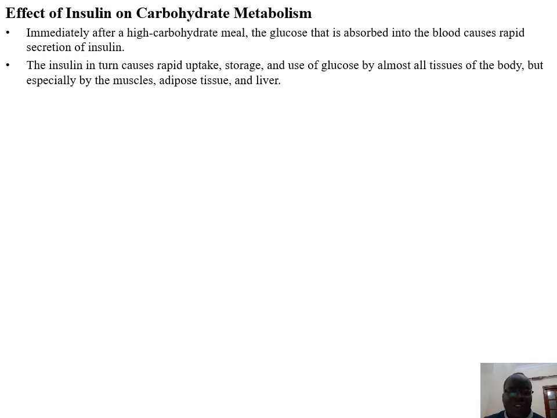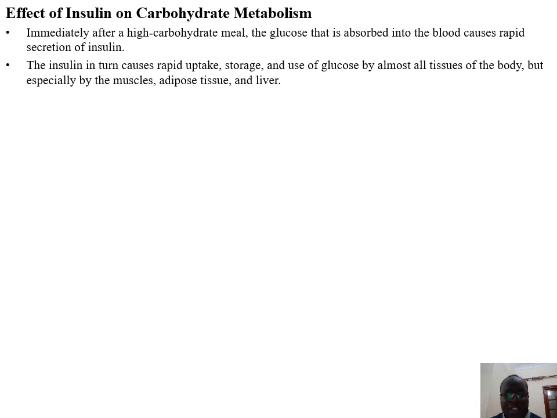The effect of insulin on carbohydrate metabolism. So now we are going to look at the effect of insulin on all macromolecules: carbohydrates, lipids, and proteins. The effect of insulin on carbohydrate metabolism. What is the effect? Immediately after a high carbohydrate meal, the glucose that is absorbed into the blood causes rapid secretion of insulin.